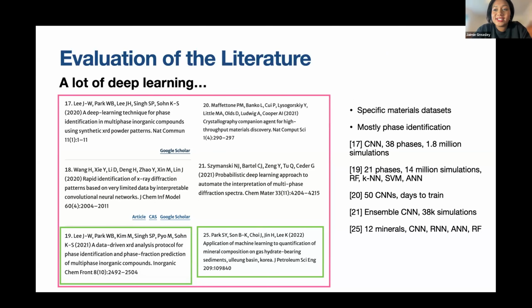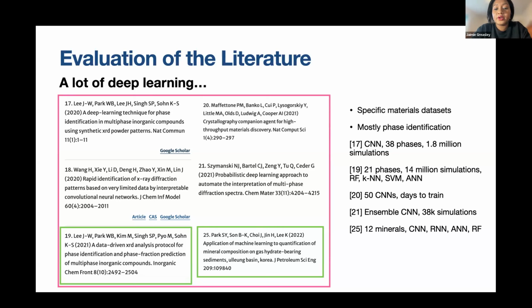We evaluated what was going on in material science and how we use machine learning, in particular with X-ray diffraction data. We got some hits, but it was a lot of deep learning techniques, mostly phase identification.